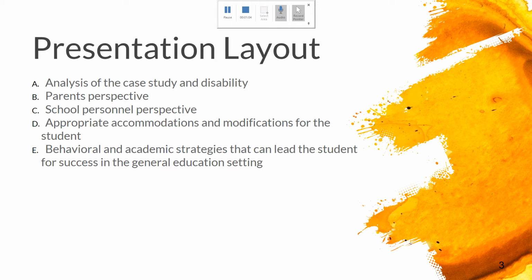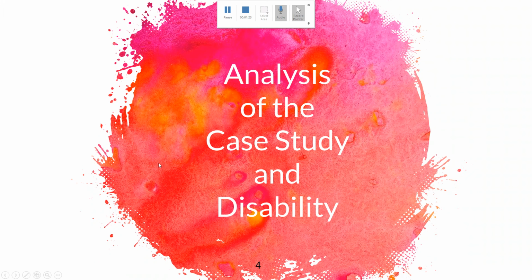After that, I will have appropriate accommodations and modifications for the student in the school setting. And then finally, I will have behavioral and academic strategies that can lead the student to success in the general education setting. And then after that, I will have my resources. So let's begin with an analysis of the case study and the disability.